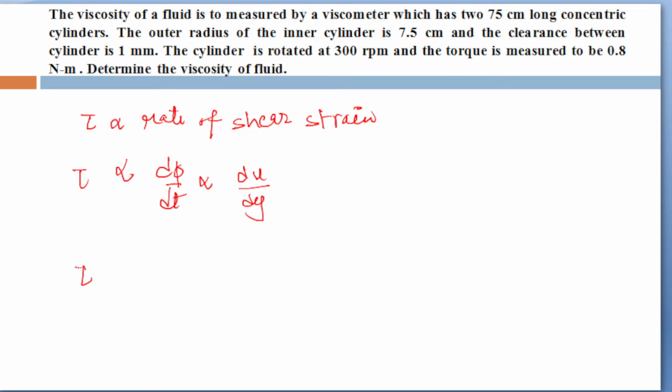If we remove the proportionality sign, then there is a constant, mu, so tau equals mu du by dy. This mu is called viscosity.